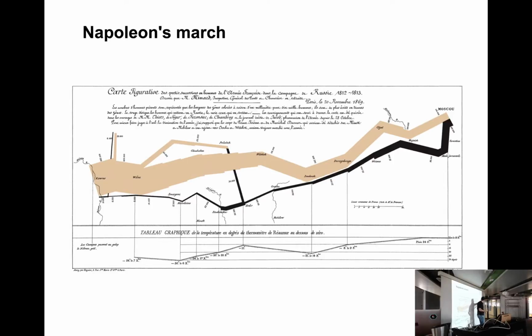So they went up to Moscow. Then they branched and then reunited, and it's visually striking that people were dying along the way.